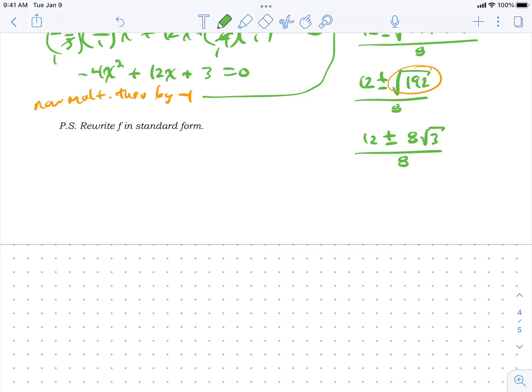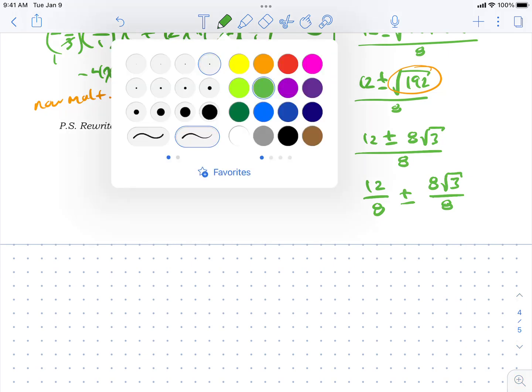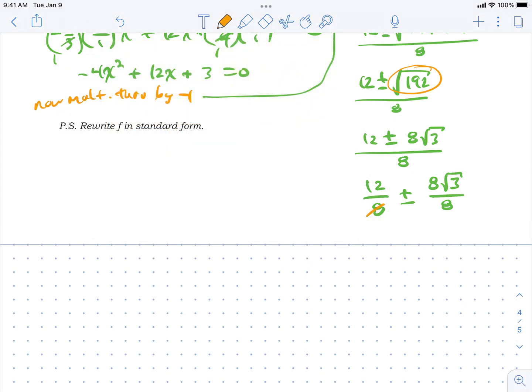Now, you can think of this as two fractions. And if you look at it as two fractions, you're going to say, oh, heavens, I should be canceling 4s. 4 goes into 8 twice. 4 goes into 12 3 times. Or here I can cancel 8s if I wanted to. So you could say 3 halves plus or minus square root of 3. You could say it that way.